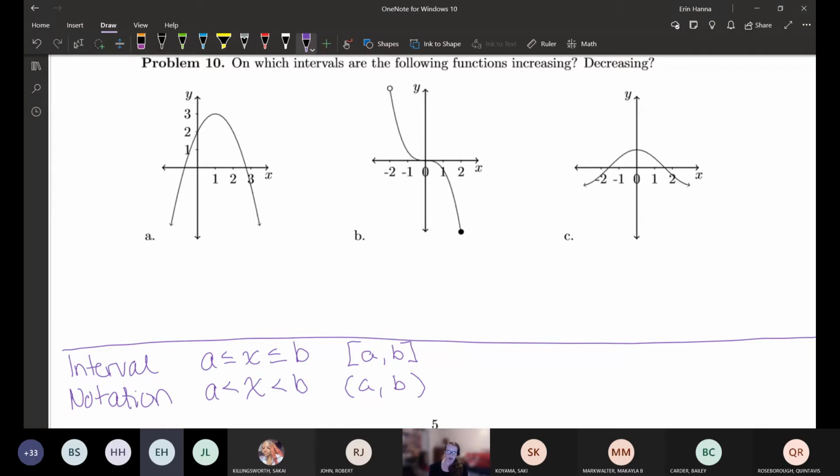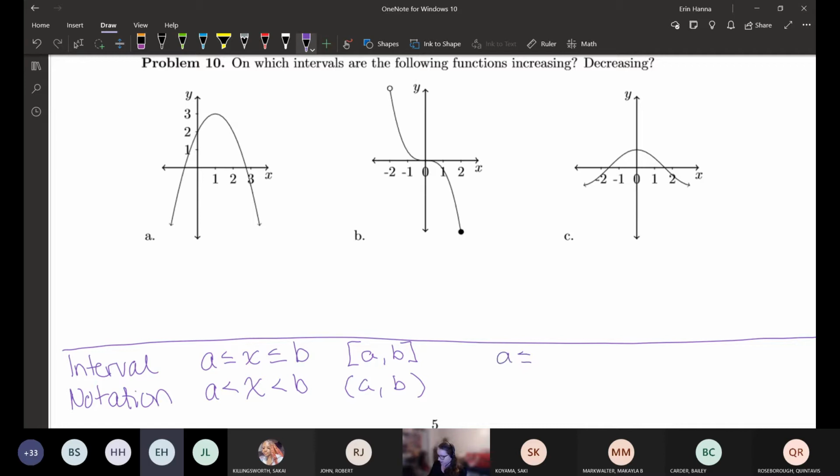The context of the problem will tell you whether it's a coordinate point or an interval. That is an unfortunate overlap in notation, but there's not many problems where you're going to have to use coordinate point notation and interval notation at the same time, so usually it is pretty clear.